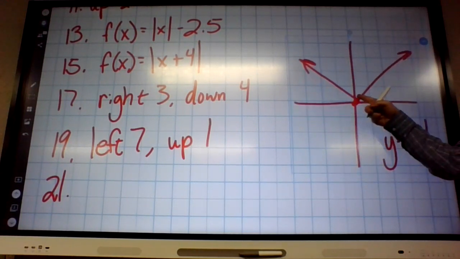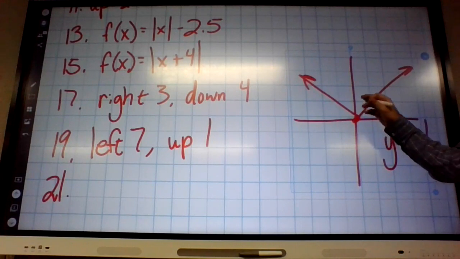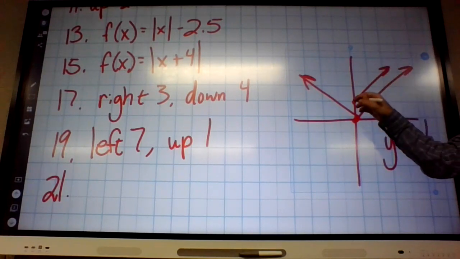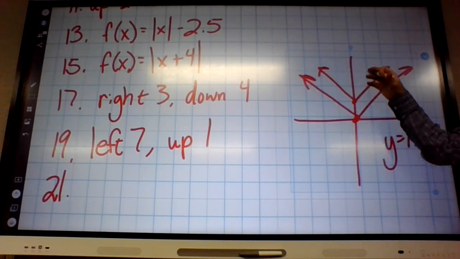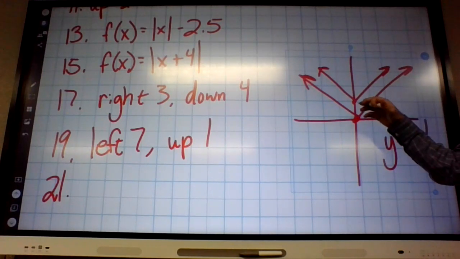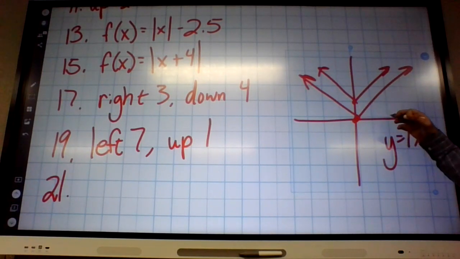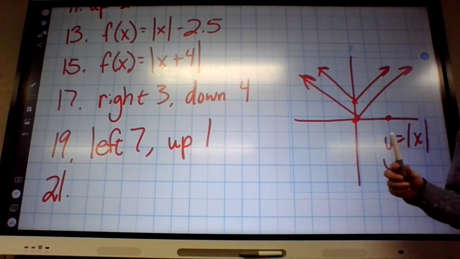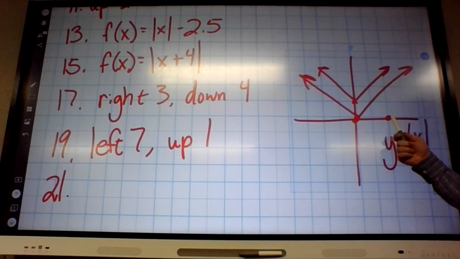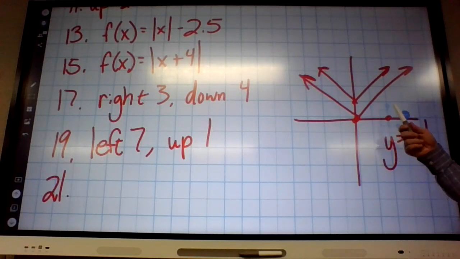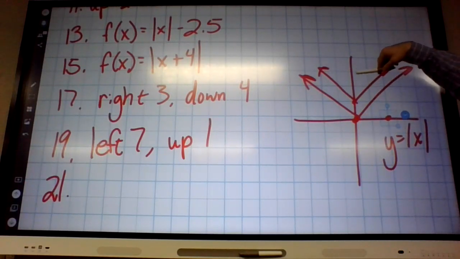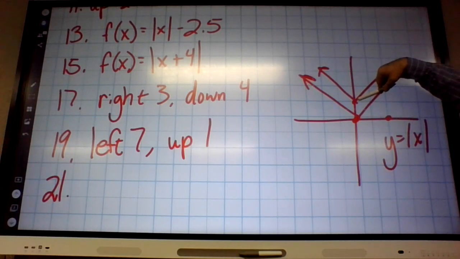But if the graph moves up 1, then that would be at 0, 1, the vertex. Or if the graph is right 2, the vertex is at 2, 0. So the left or right is going to affect the x-coordinate of the vertex, and if it moves up or down, that affects the y-coordinate of the vertex.